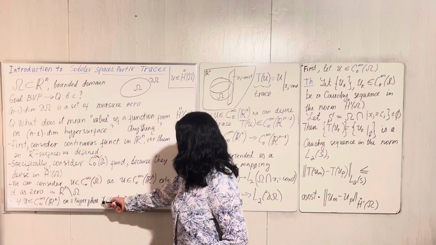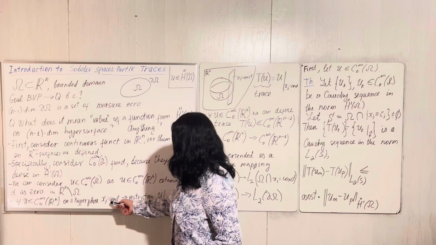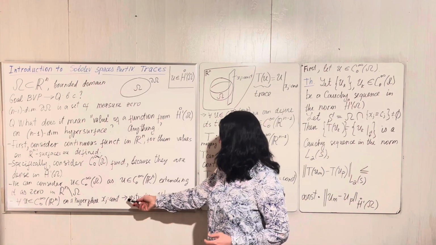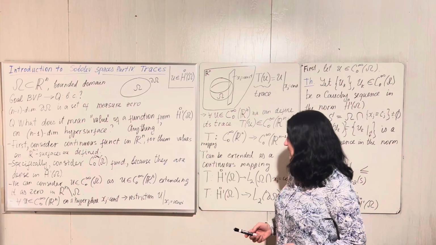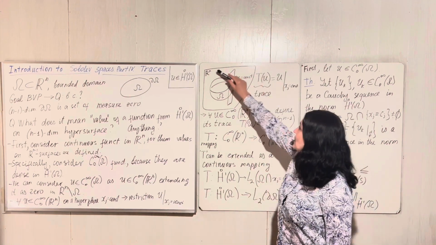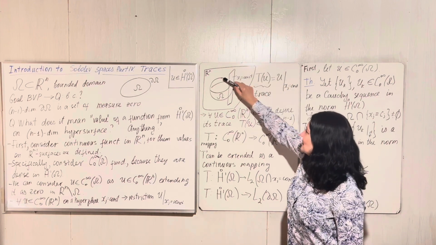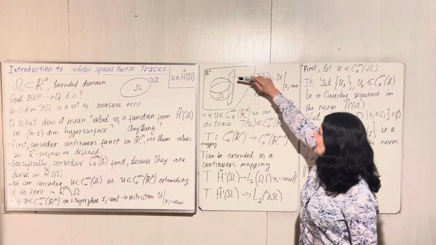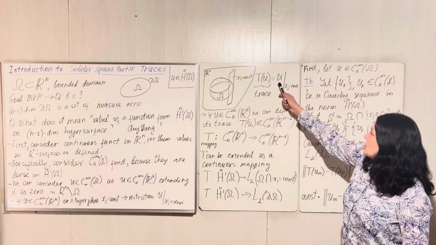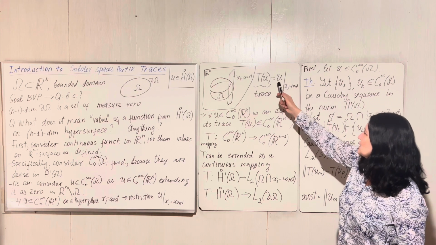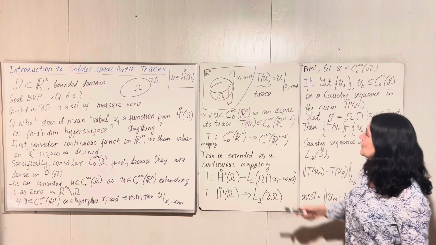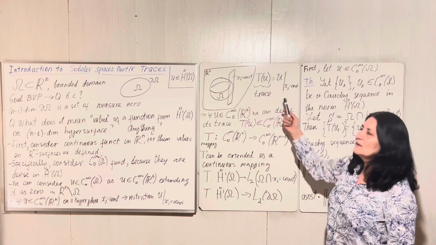If we set one of our variables to be constant, we get this hyperplane, and then we can define values of such a function just as restrictions on this hyperplane. Here I made a picture: this is my Rn, this is our domain omega, and this is the hyperplane. Our usual notation for restriction is T of u, and T of u I can call the trace.